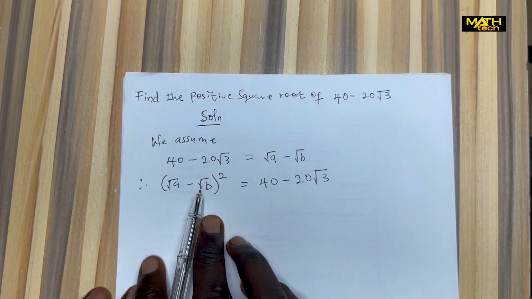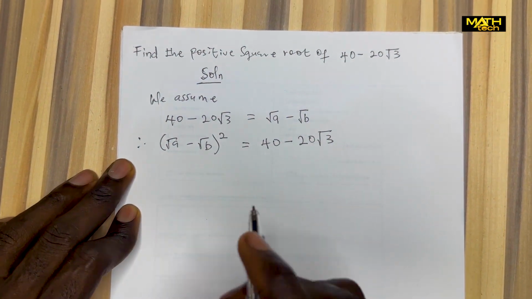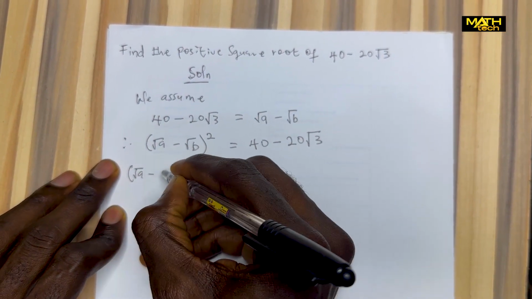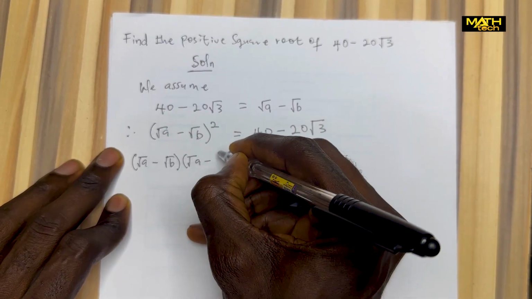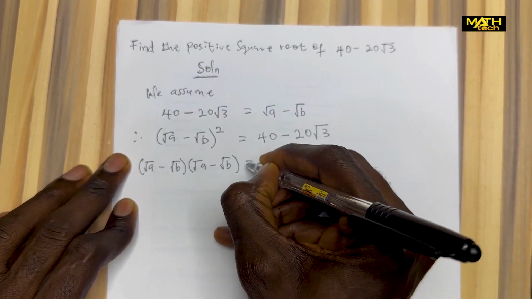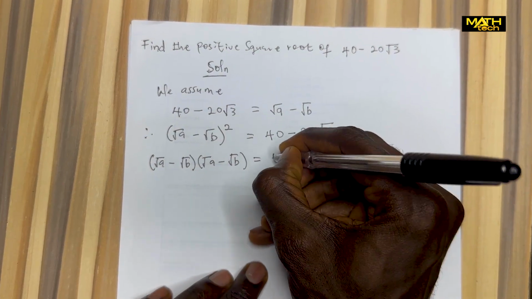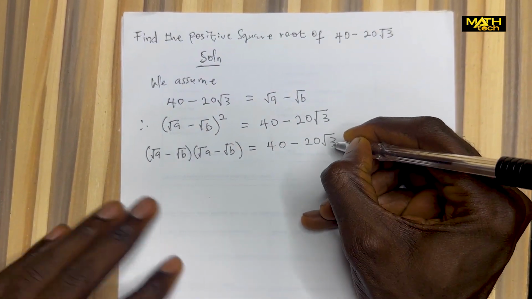So now let's expand the left hand side, which is square root of a minus square root of b all square, and we'll be having square root of a minus square root of b times square root of a minus square root of b. I'll be breaking this down to the simplest of understanding for everyone, so that you don't find any part of this video difficult.